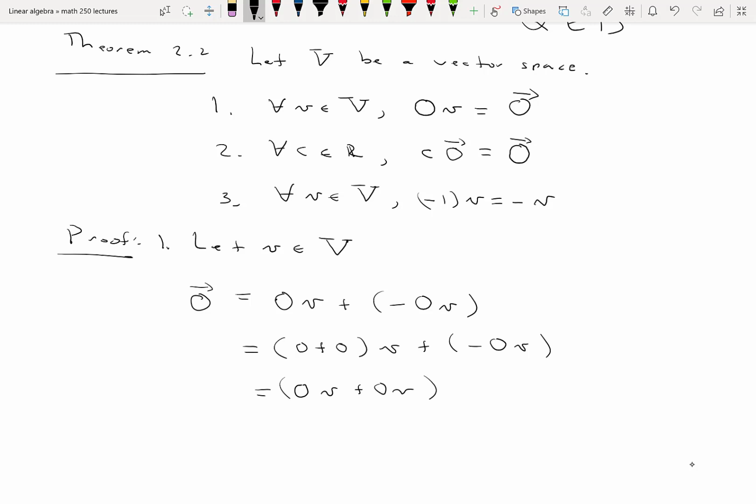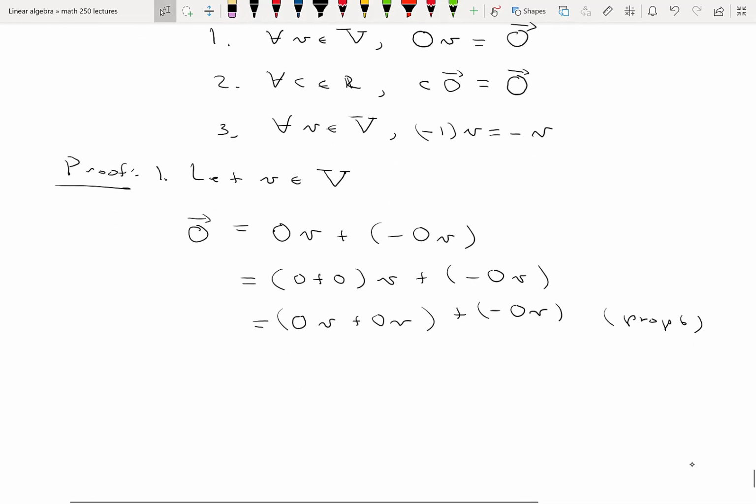I'm going to distribute that V on the right. Why can I do that? That happens to be property number 6. That's property 6. It allows us to distribute scalars from the right in.